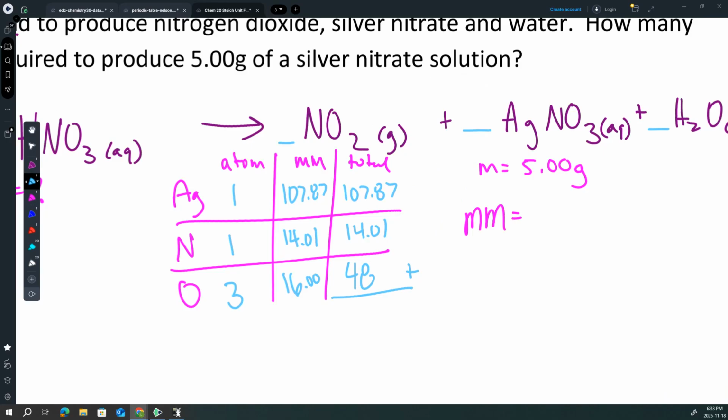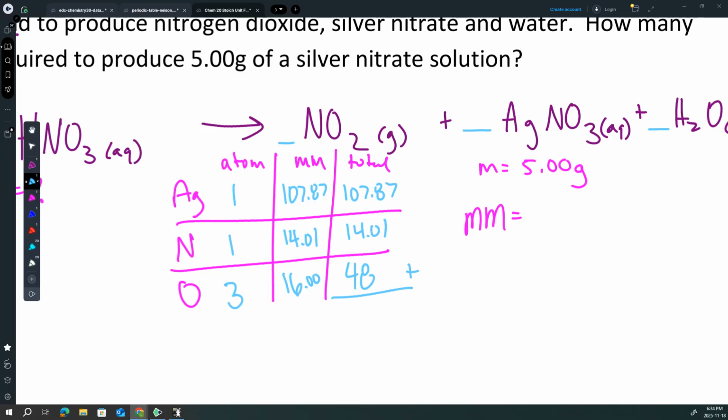Alright, so just to show you the background work, in order to get the molar mass for silver nitrate, this is what I've done. So I've got 1 atom of silver, the molar mass from the periodic table for each silver atom is going to be 107.87. 1 times 107.87 is going to be the exact same number. For nitrogen, we've got 1 of those, and each has a molar mass of 14.01 according to the periodic table.